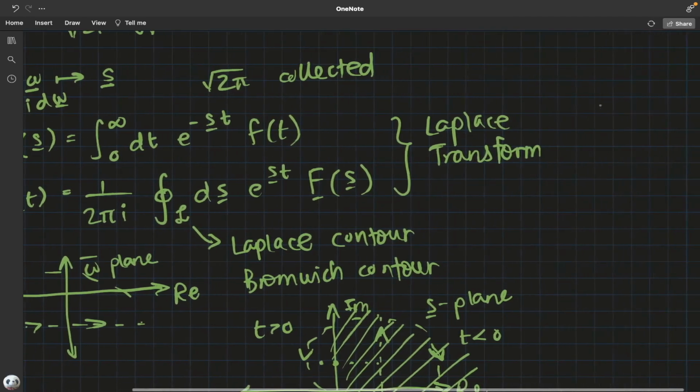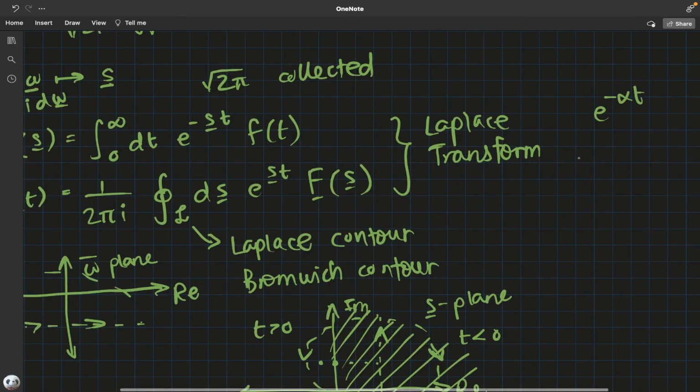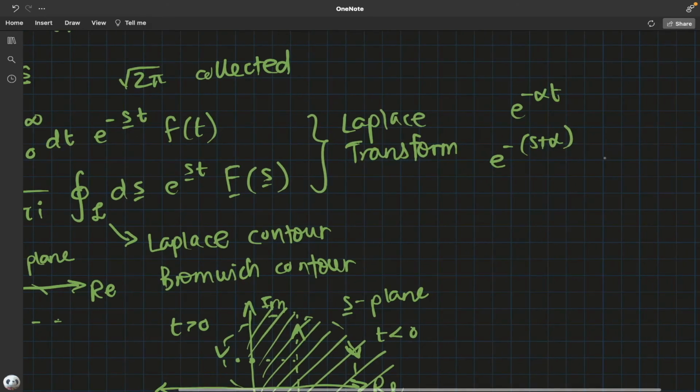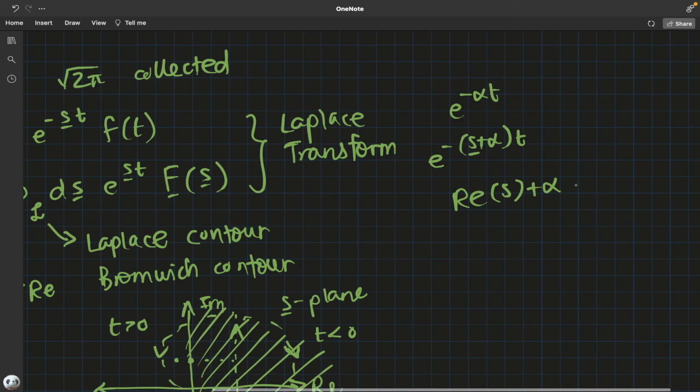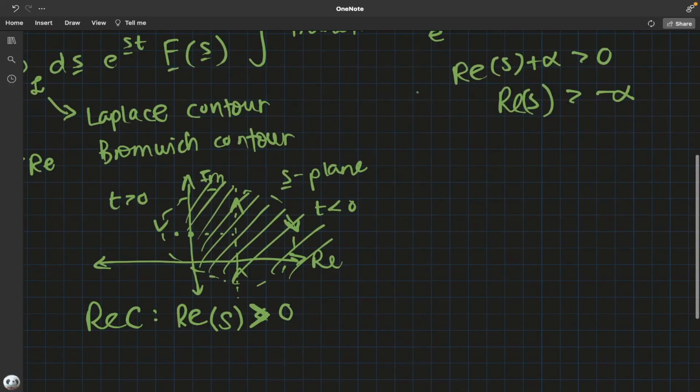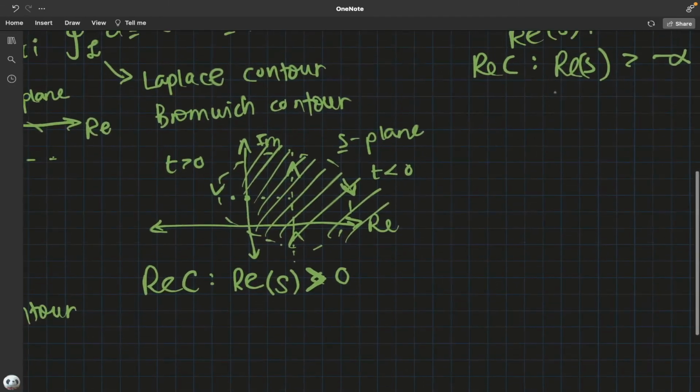So if my f of t were, say, something like this, then I would have this, and then I would only care about the real part of s because alpha was always real, and I would force this to be positive. So this is the region of convergence imposed, that the real part of s has to be greater than negative alpha.